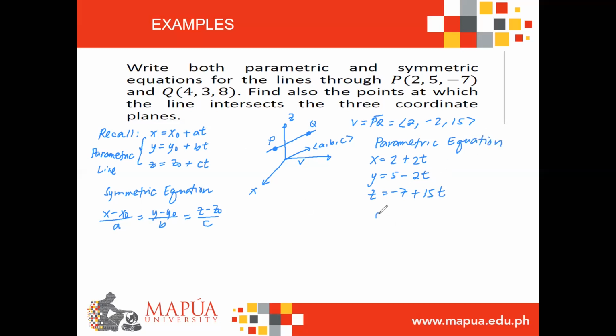For the symmetric equation of your line L, we now have this formula to be used, which we have now x minus x sub 0 is 2, all over a, which is 2, is equal to y minus y sub 0, which is 5, all over b, b is negative 2, is equal to z minus z sub 0 is negative 7, so that will be positive 7, all over c, and c is equal to 15.